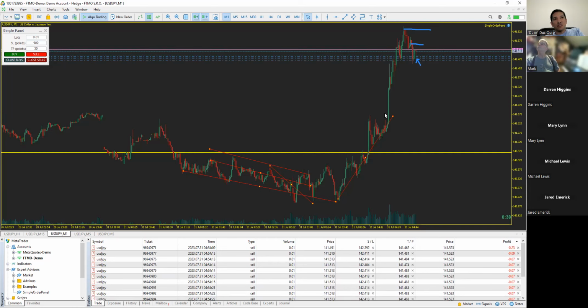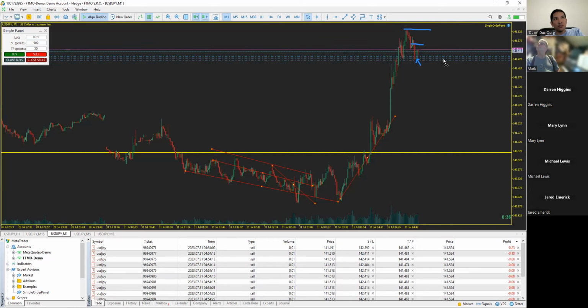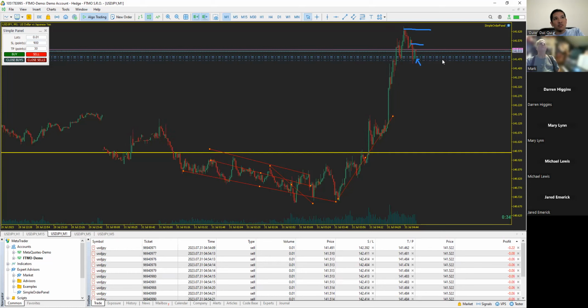So this is not as high probability anymore because it's the second or third round, but there's a shot that it will hold this channel because it could not break above this right here. It should retest this one more time.